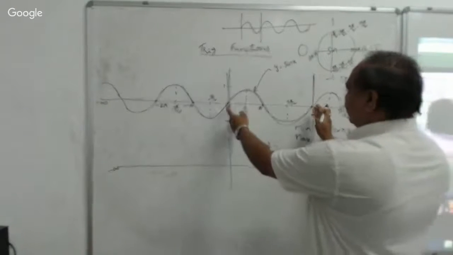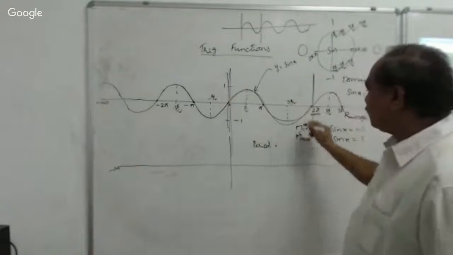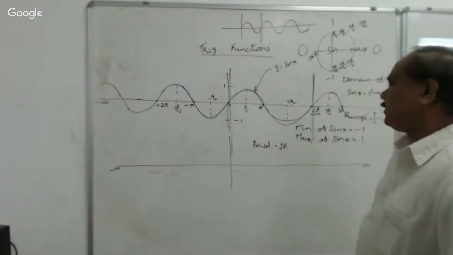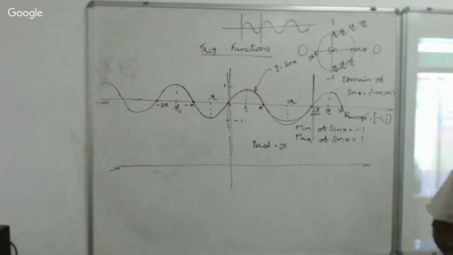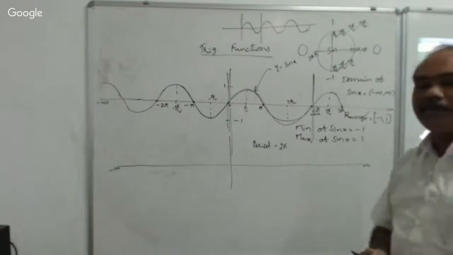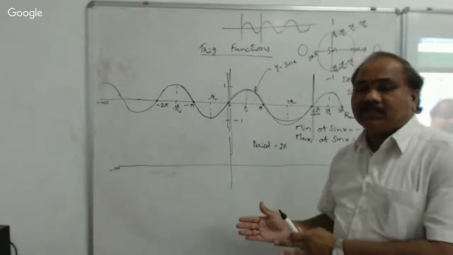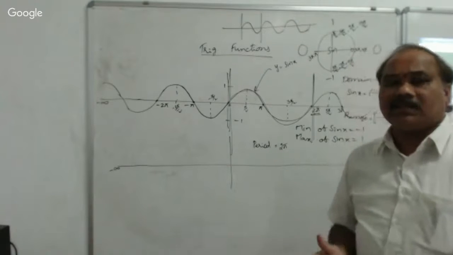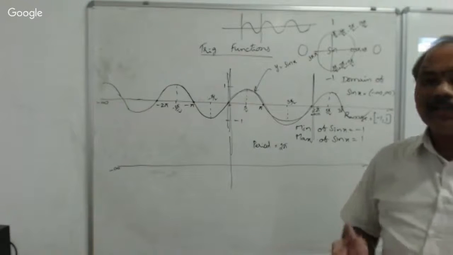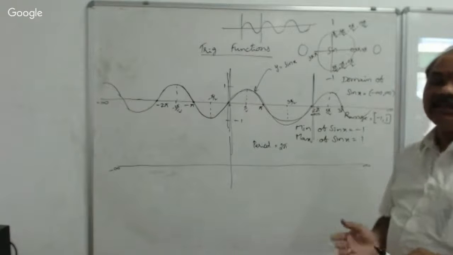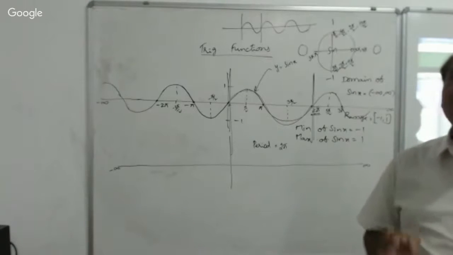The difference between these 2 points is 2 pi. Therefore, 2 pi minus 0 is equal to 2 pi. Therefore, these are called periodic functions. A periodic function is nothing but a function whose graph is repeating in its domain.